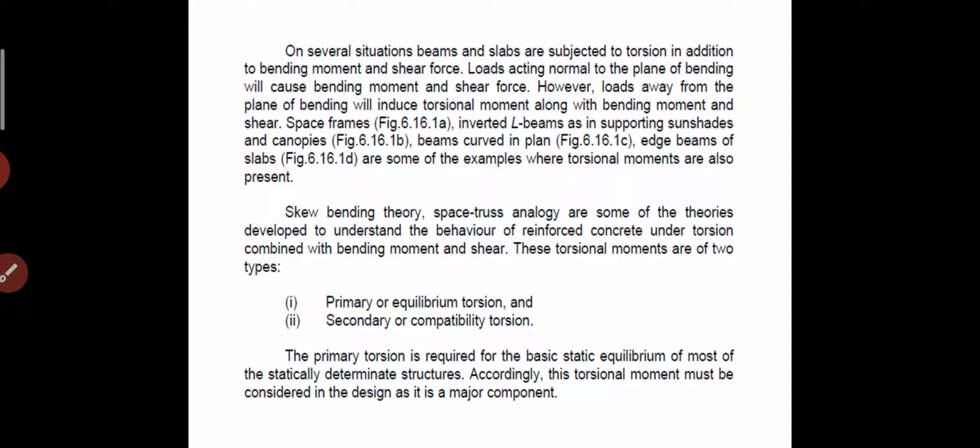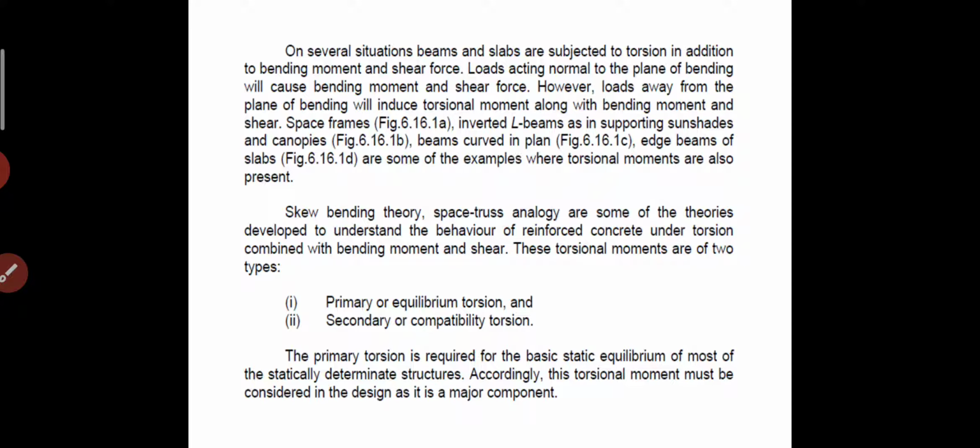Primary torsion is required for the basic static equilibrium of most statically determinate structures. Accordingly, this torsional moment must be considered in the design as it is the major component.